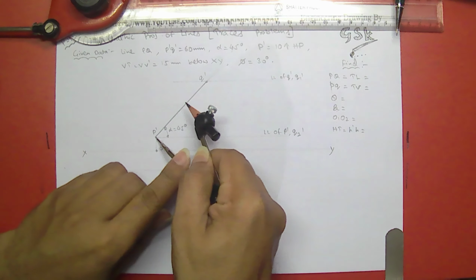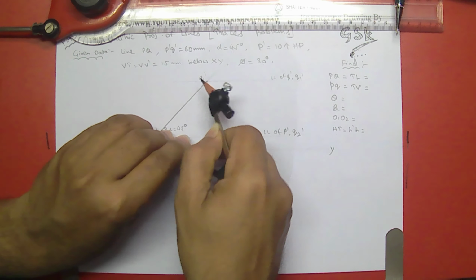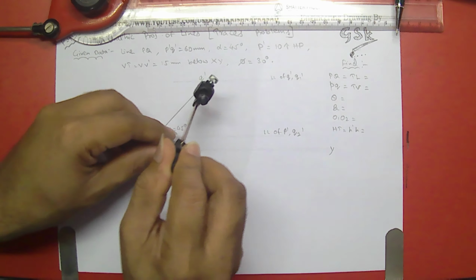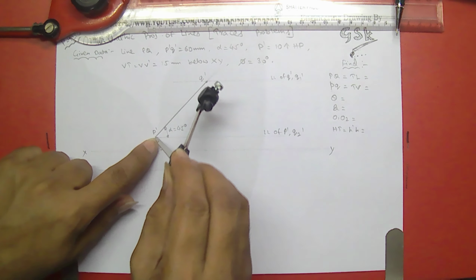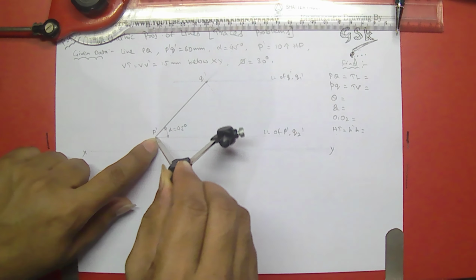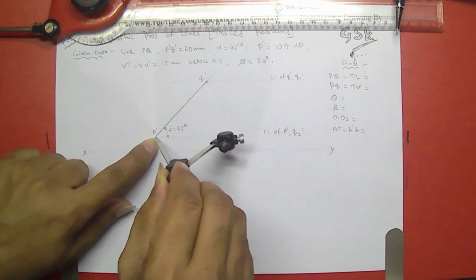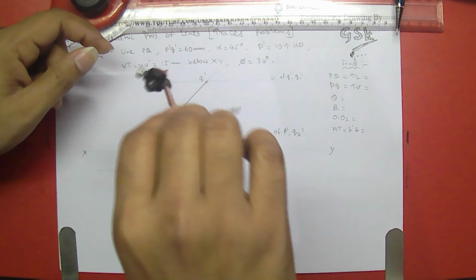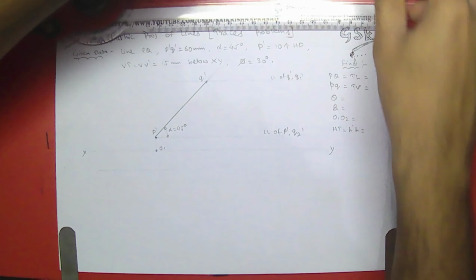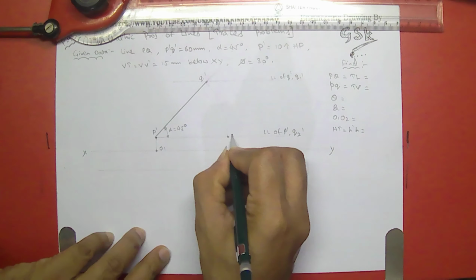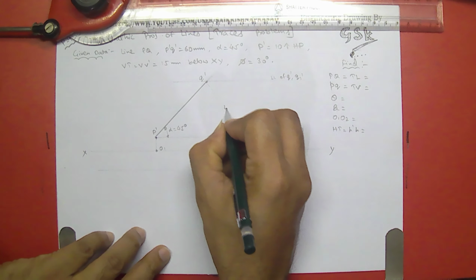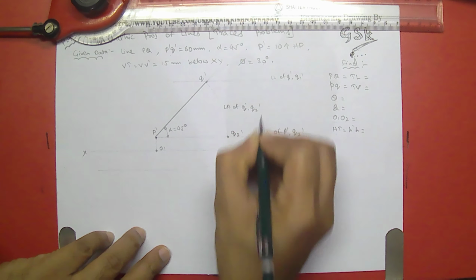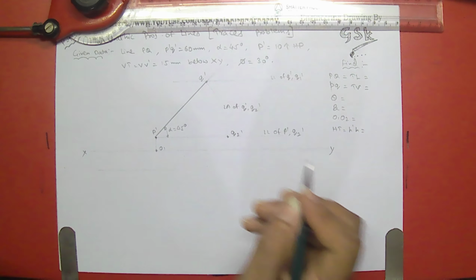I'll be measuring this. Whenever you are using a compass, please poke onto the drawing sheet so your needle won't slip from the position. And use a shorter pencil so I can easily rotate the compass. This is Q2 dash and this is the locus arc of Q dash and Q2 dash.